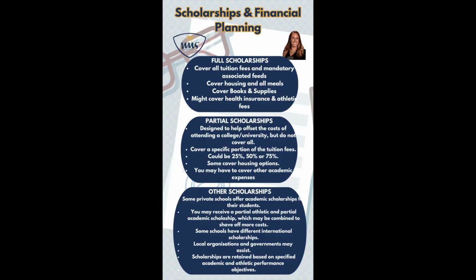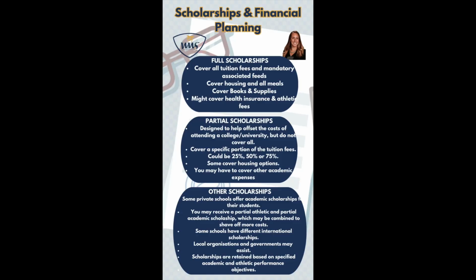So partial scholarships might cover a specific portion of your tuition. They might cover 25% of tuition and fees, 50% of tuition and fees, or 75% of tuition and fees. Some partial scholarships do include a component for room and board, but primarily these awards are typically just used for tuition and fees.